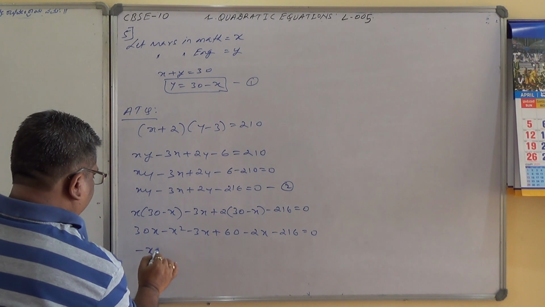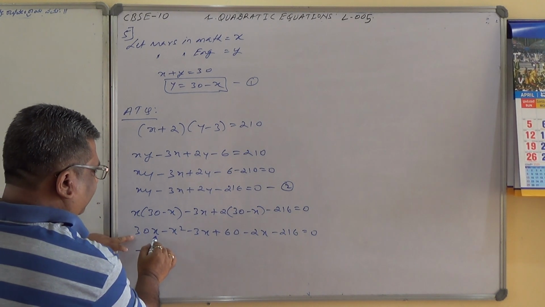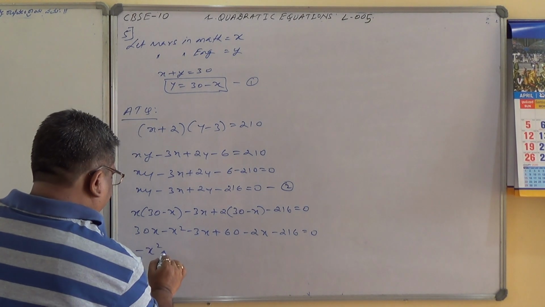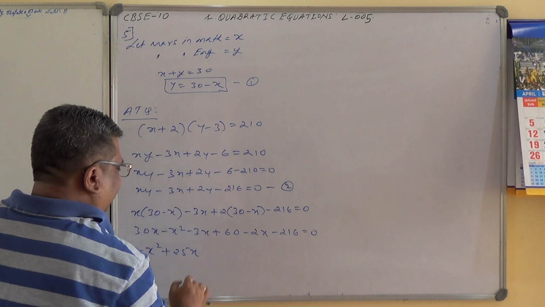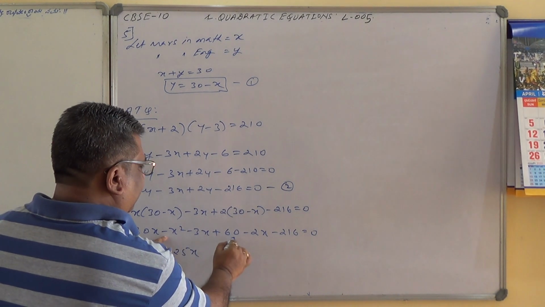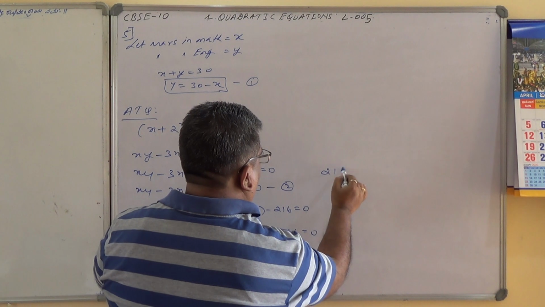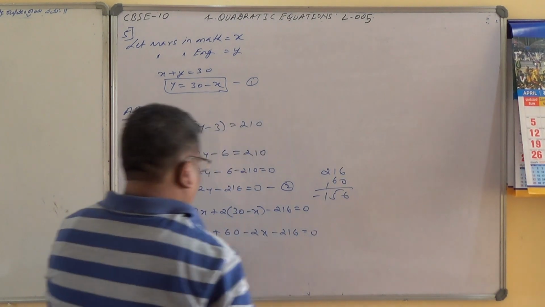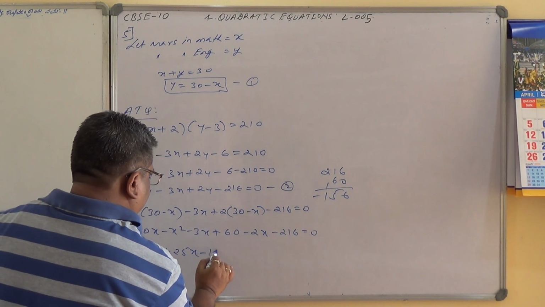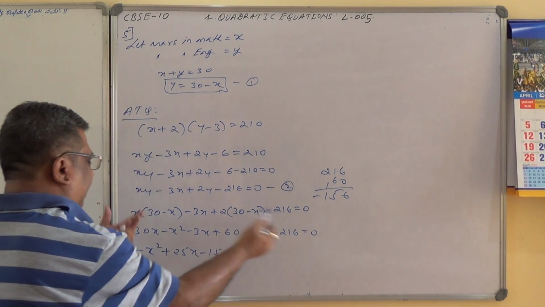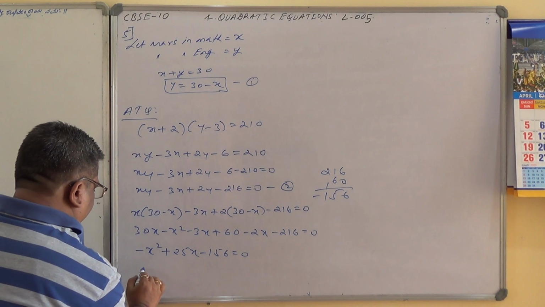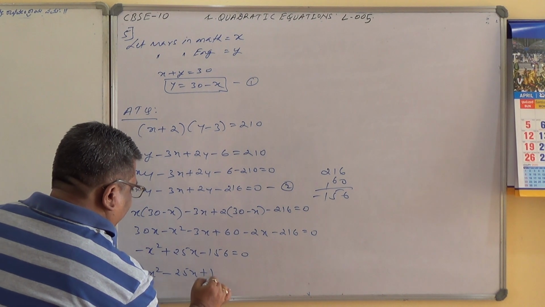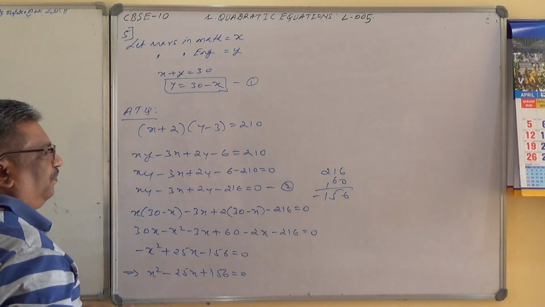Consolidate: minus x square, x terms 30x minus 3x is 27x, minus 2x is 25x, plus 25x; constants 60 minus 216 is minus 156, equals 0. Transpose everything to the other side to get x square as positive: x square minus 25x plus 156 equals 0.